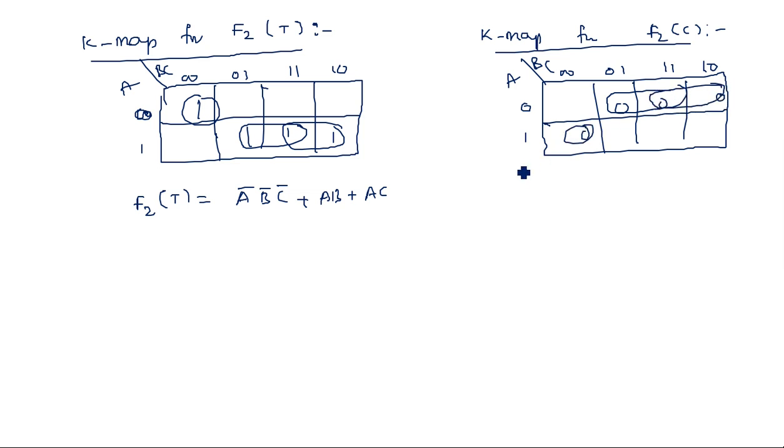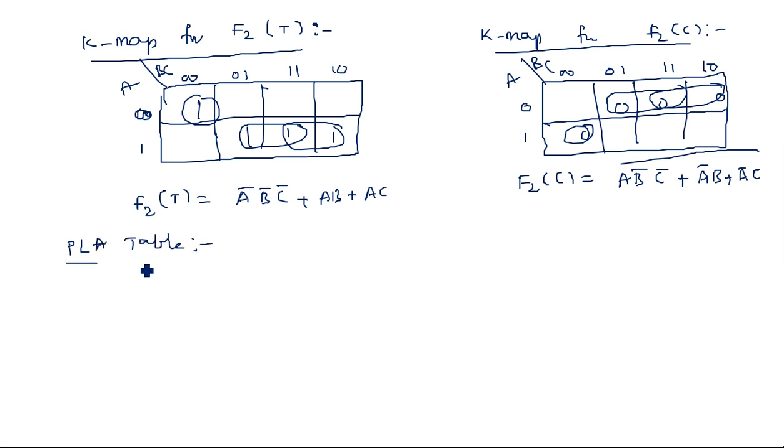Map the same way, opposite. So F2 complement is equal to A B bar C bar plus A bar B plus A bar C, whole bar. Okay. Now we need to draw the PLA table.